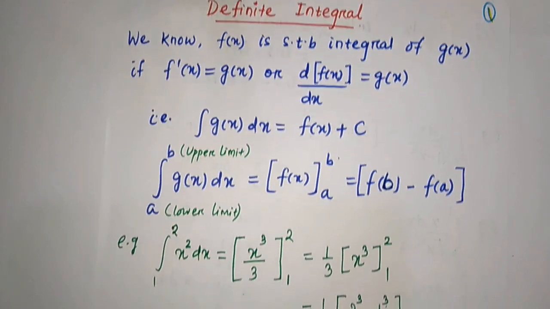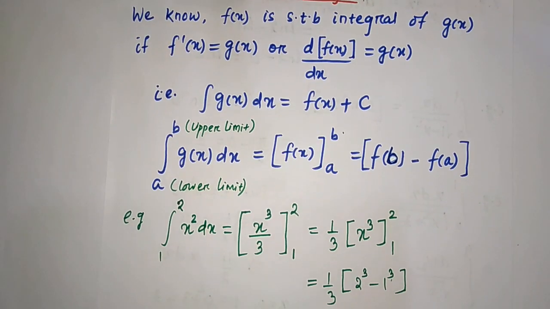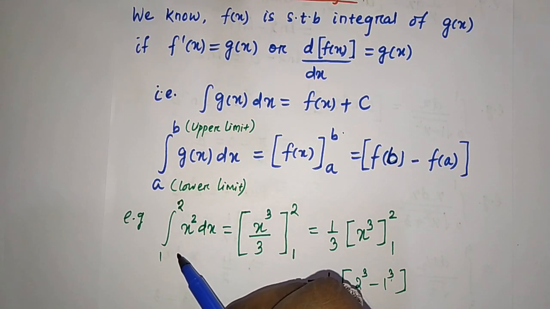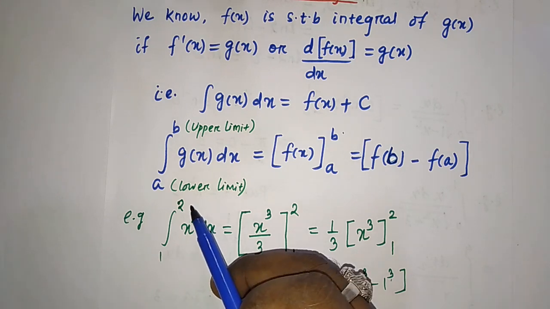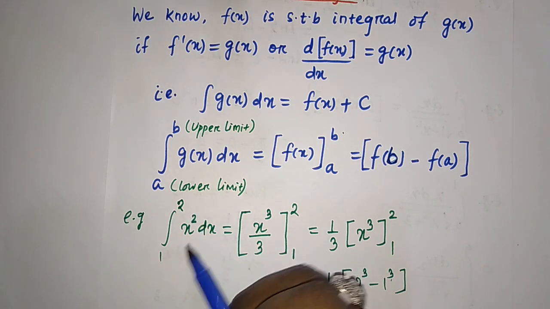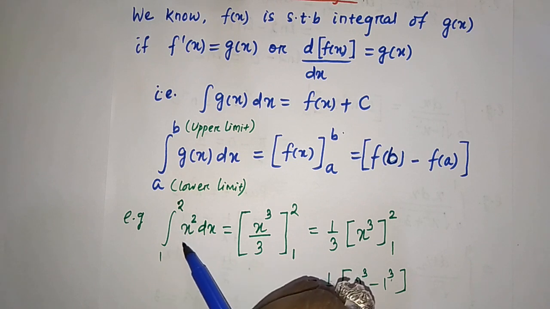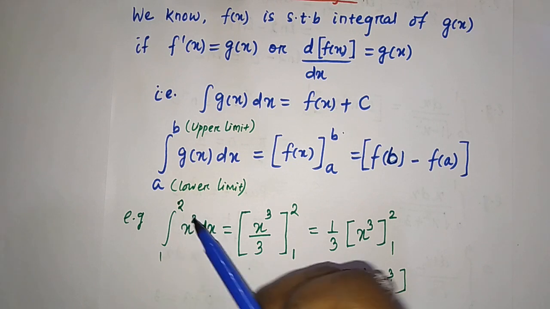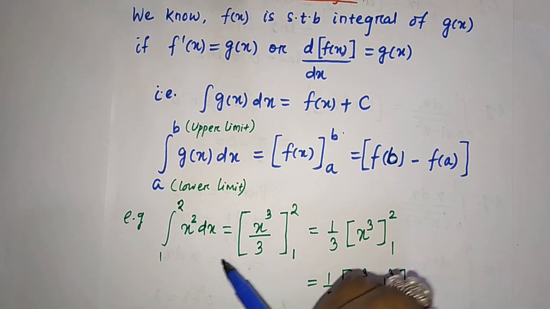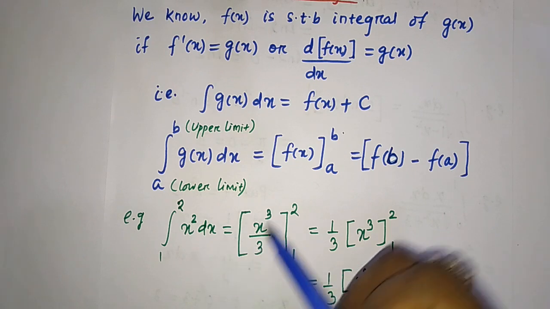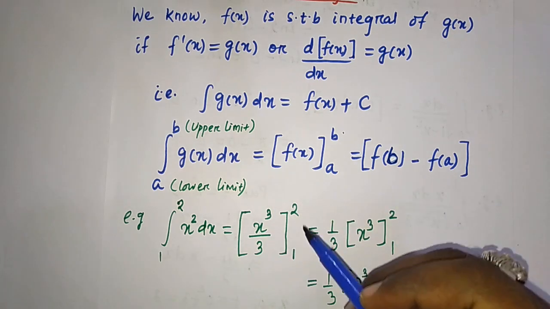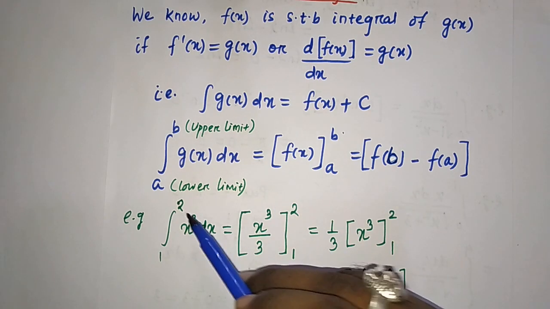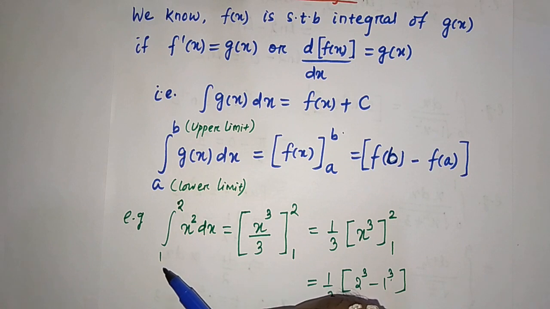Suppose one example I have given. The definite integral is given like this: integrate x square from 1 to 2. We know integration of x square is x cube by 3. First I have integrated this function, then 2 is the upper limit I have written here, and 1 is the lower limit.